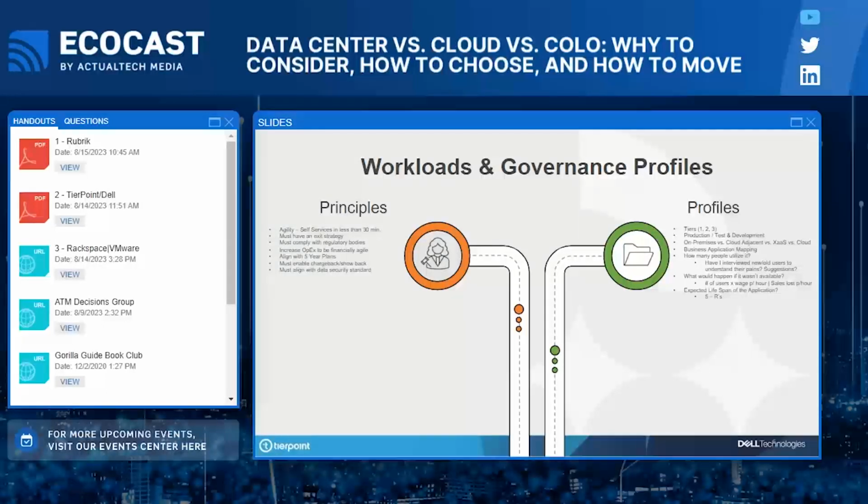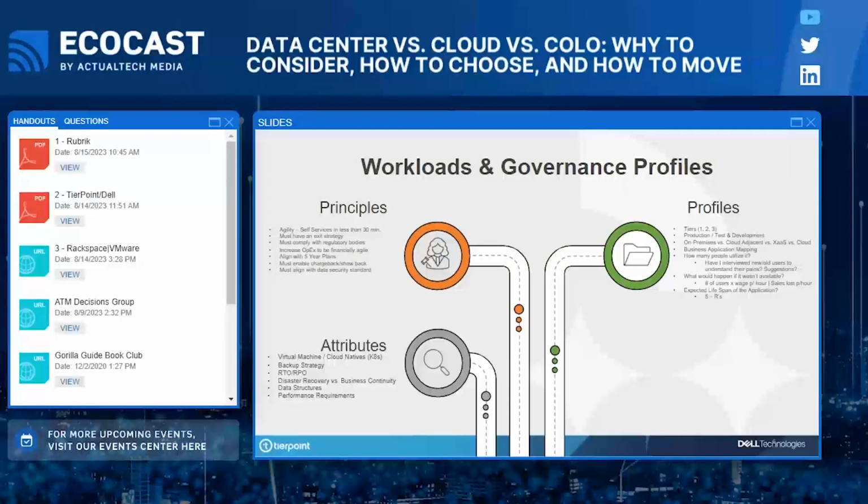Is there a certain number of sales hours lost? Say, for example, if it's a sales application or something that the sales team needs to conduct their business. So really, you just want to dig in and understand what each of these things looks like, what they're going to cost, where they are in your multi-cloud architecture, and what they're going to perform like.